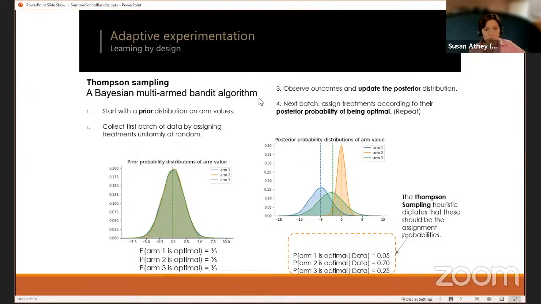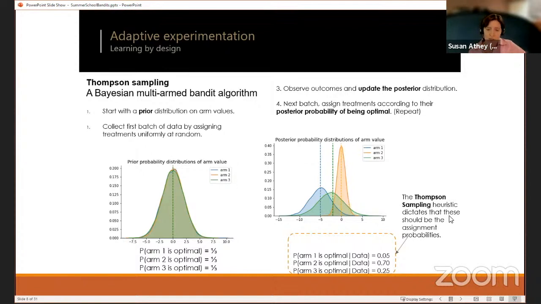After you observe the first batch of outcomes, you update the posterior distribution. And so this second illustration shows what things might look like after collecting some data. We might see different posteriors depending both on how much data we've collected so far, as well as the mean value from what we've collected so far.